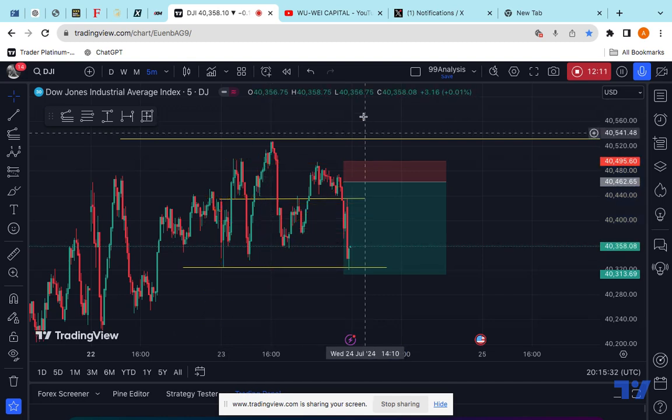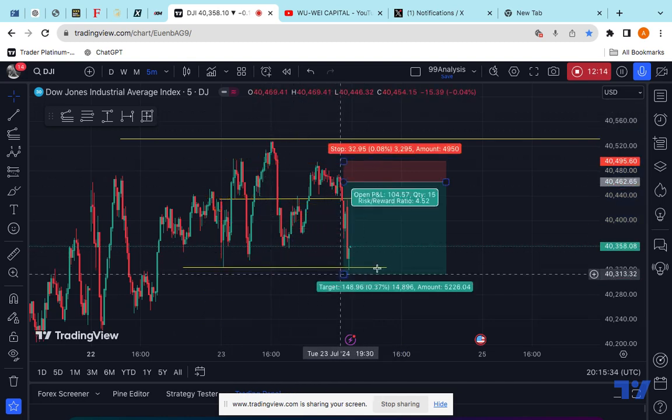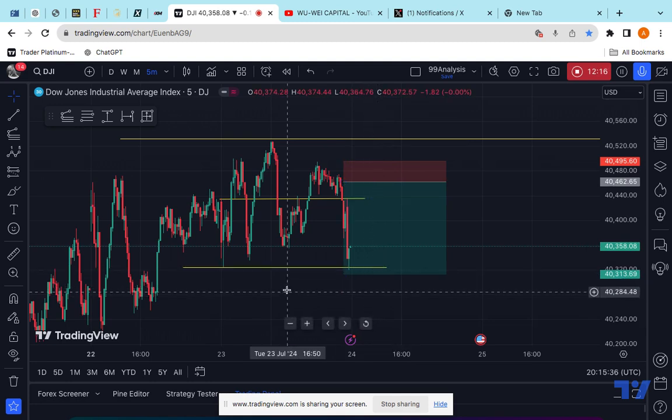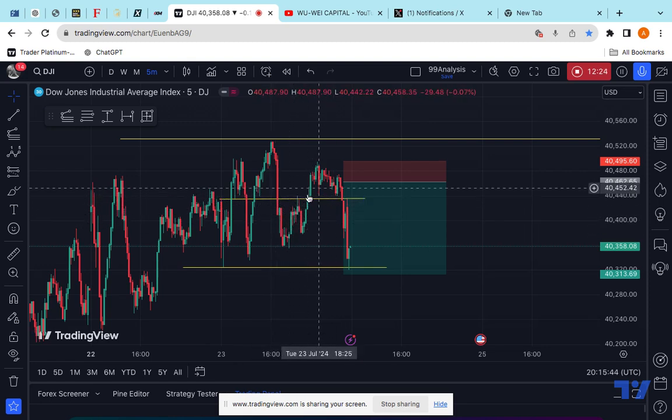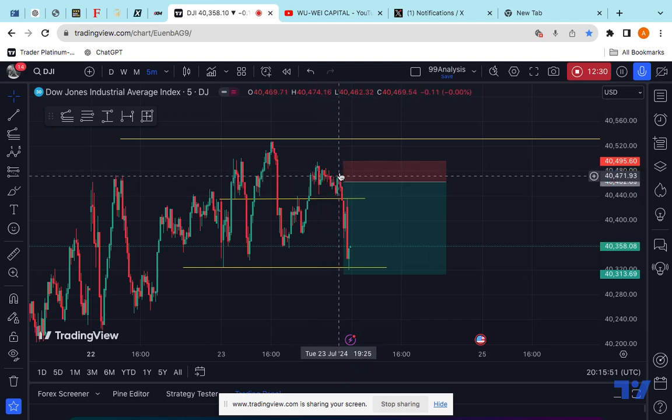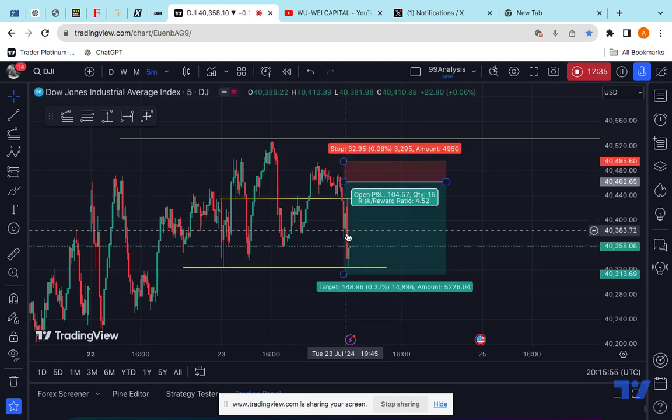So we are getting enough reason for us to take a shot here. All we have to do is wait for the market to give us enough reasons to trade very easily. So we entered around here, around 7:30, and we have an easy trade here.